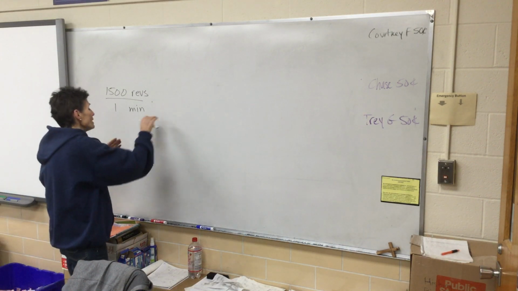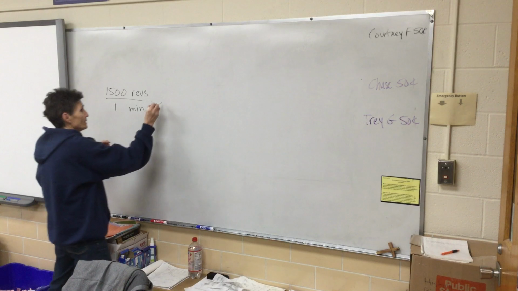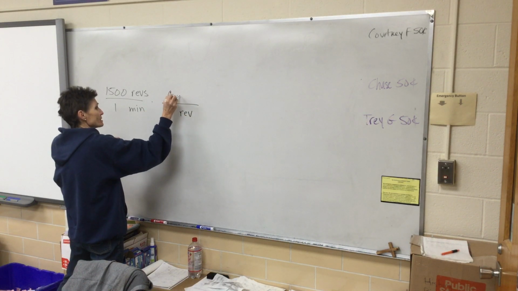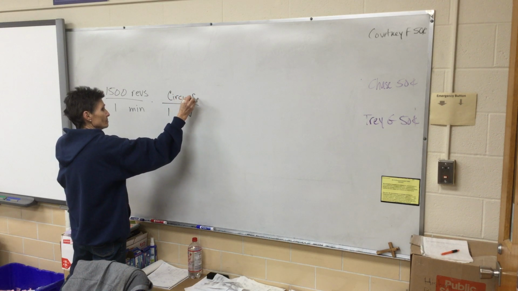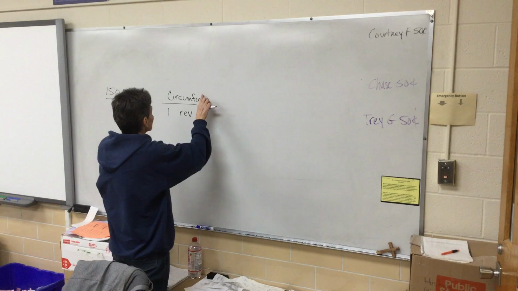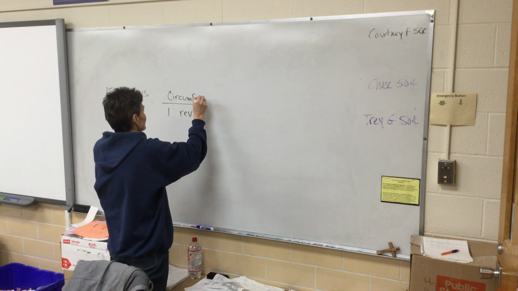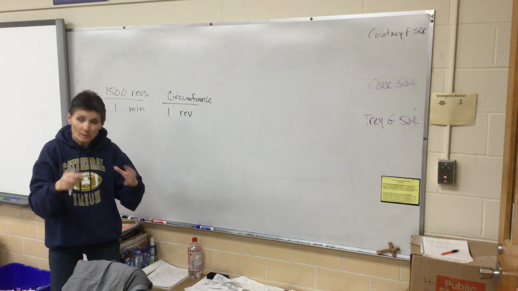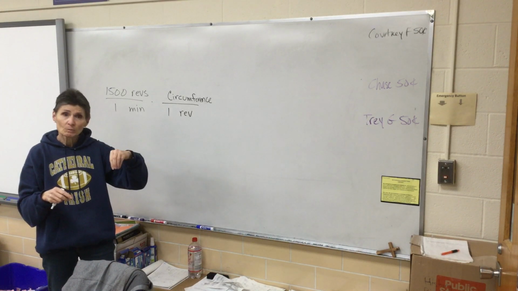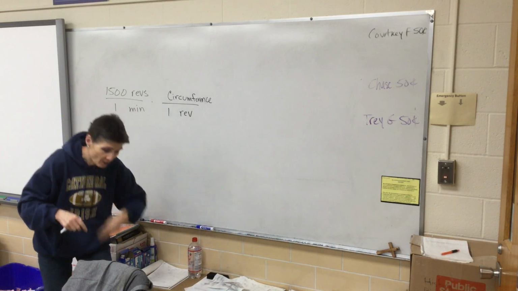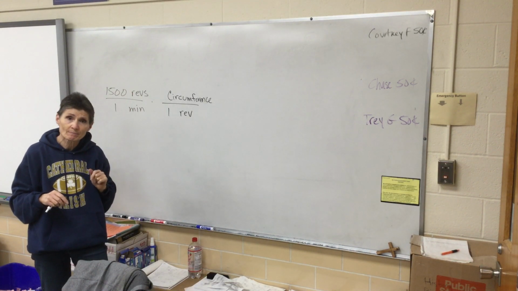It has a 10-inch radius. So 1 revolution is a circumference. Okay? Think about this for a second. You got a wheel, put a blob of white paint on it, and roll it down your black driveway.